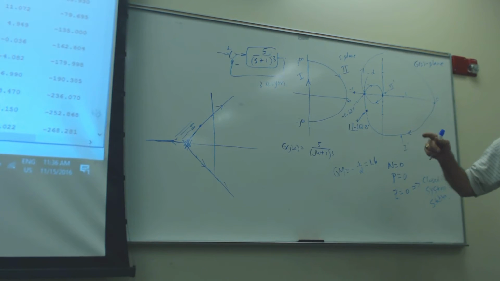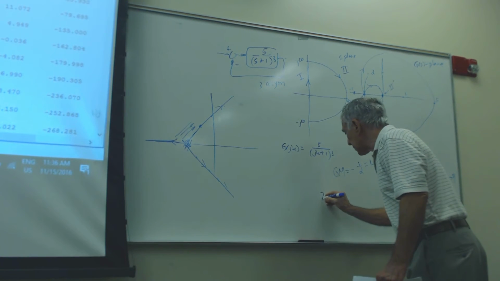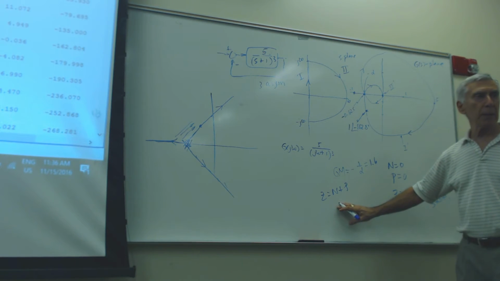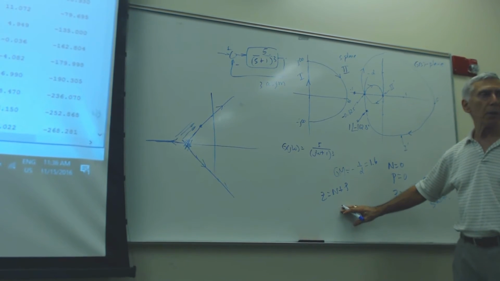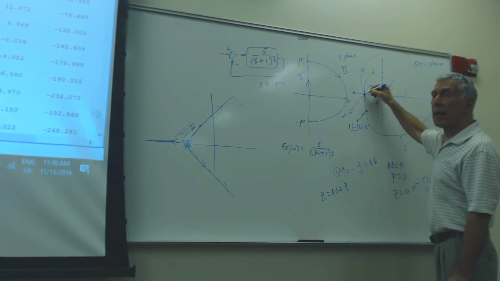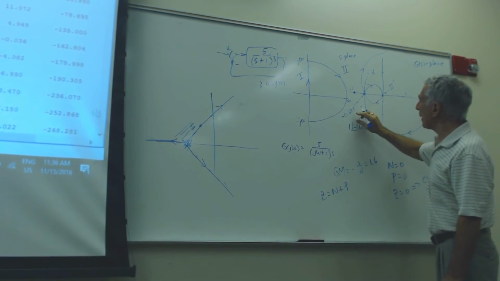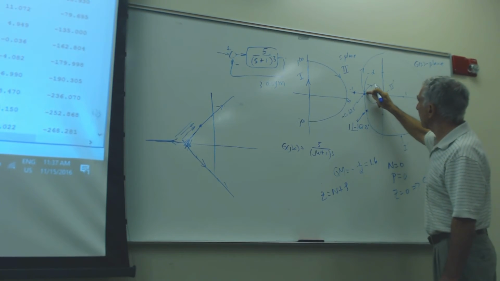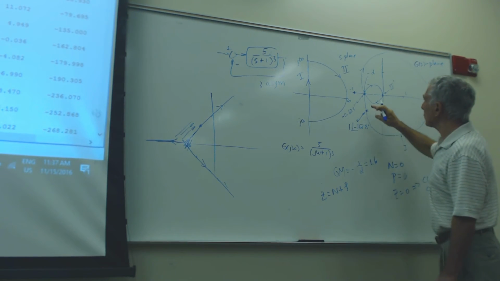How can we apply the Nyquist stability criterion? It says that z is equal to n plus p. It basically comes from the mapping theorem. What will n be in the case if k is equal to 2? You start anywhere here and count the number of encirclements of the point minus 1. There are two encirclements, keeping in mind that k is equal to 2, so this is double here. If you start here, you've got one encirclement, and if you continue, you've got two.